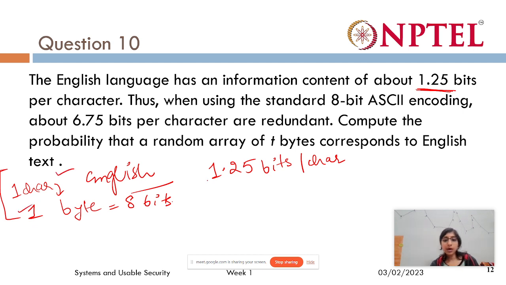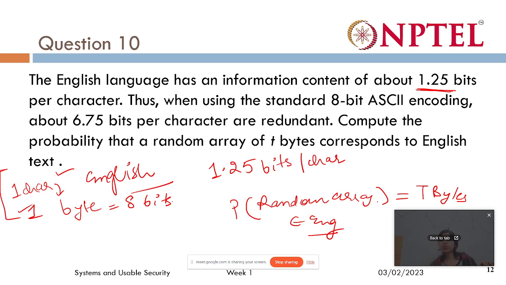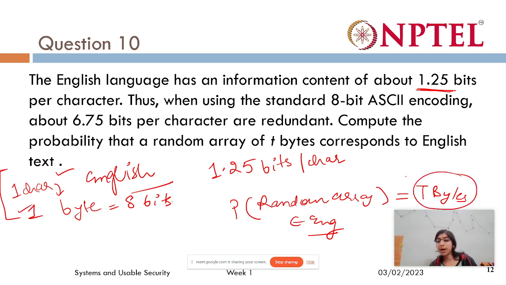So now it asks: a random array is having T bytes. What is the probability it belongs to English? So a random array having T bytes, how many bits will it take up? T into 8.